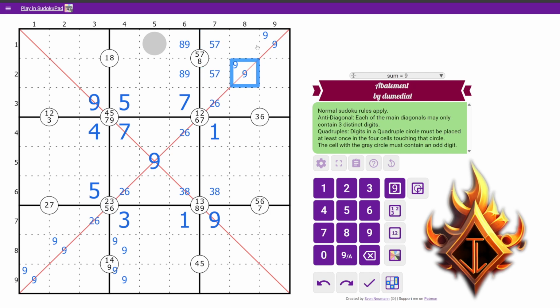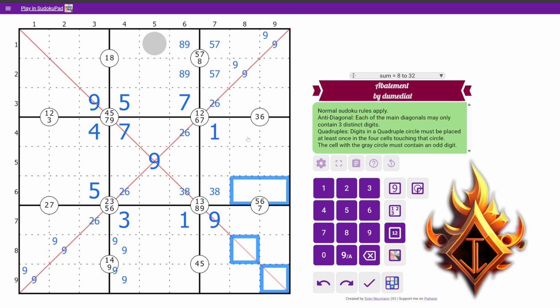So 5 and 7 cannot be on this diagonal. 7 must be on this diagonal. So 7 does go there. It does go there. It does go there. Goes there, there. Now it will go here.